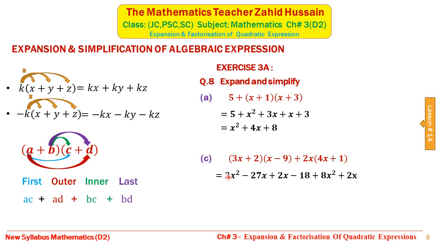I will do it from here. 3x square plus 8x square is 11x square, minus 27x plus 2x is minus 25x, and plus 2x is minus 23x, and minus 18. So you can perform one more step in which you can collect like terms and then simplify like this, or you can do it from this step.